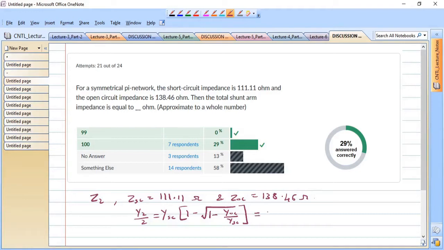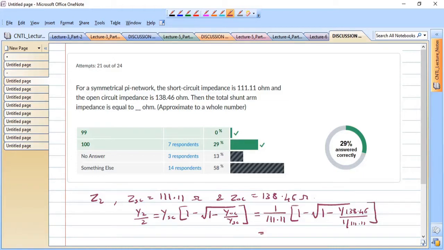So this is equal to 1 by 111.11 into 1 minus root of 1 minus YOC, which is 1 by ZOC, so that is 1 by 138.46 upon 1 by 111.11.